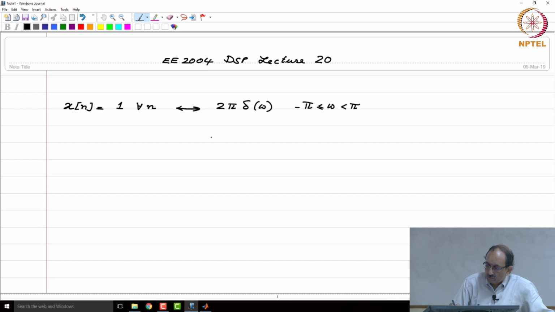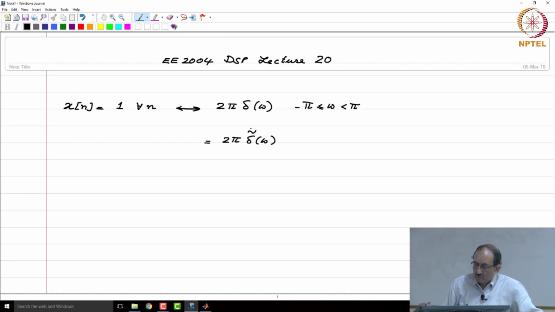And we can also rewrite this as 2 pi delta tilde of omega, where if you recall, we mentioned that the tilde notation is used for denoting things that are periodic. So the DC sequence has an impulse train as the transform.